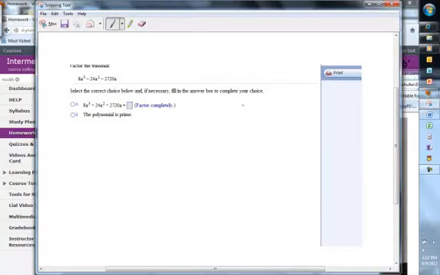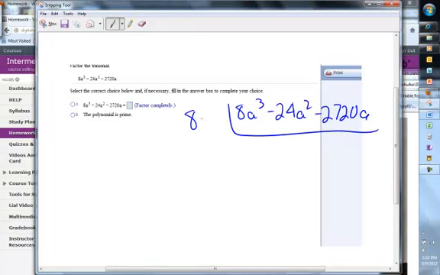Same thing, 8a cubed minus 24a squared minus 2720a. Let's try removing 8a from everything. We're left with 8a squared minus 3a. So I got to go mode 1 again to get back to computation. 2720 divided by 8 is 340 minus 340.